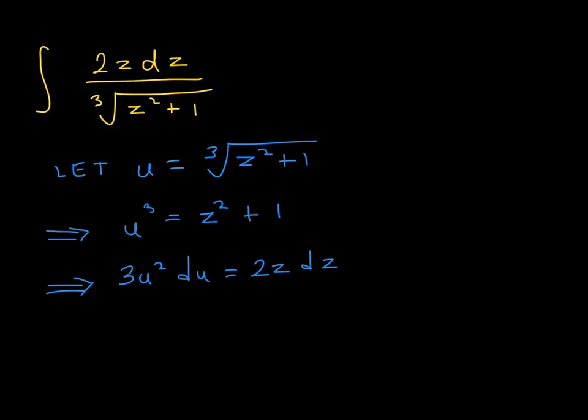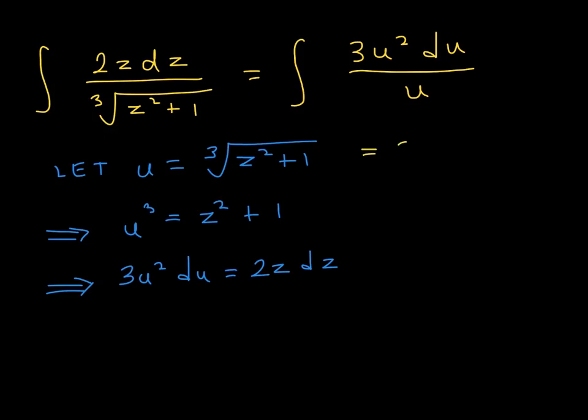Now this is really great because 2z dz is in the numerator, so we can replace this with the integral of the whole numerator, 3u squared du, and the denominator is just u. Oh wow, this is really nice, isn't it?